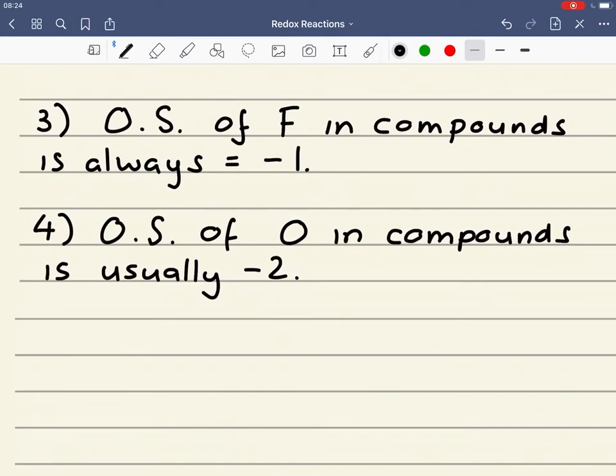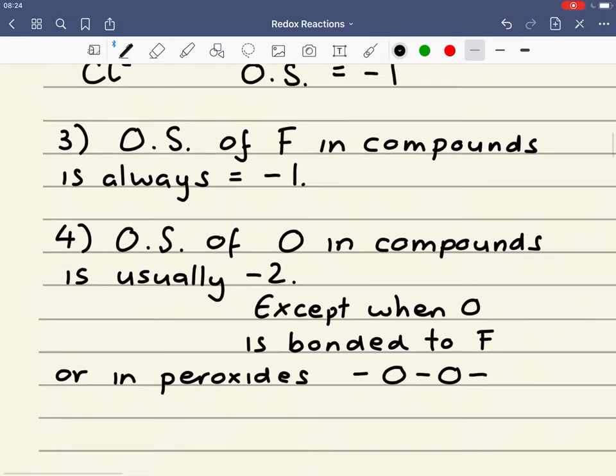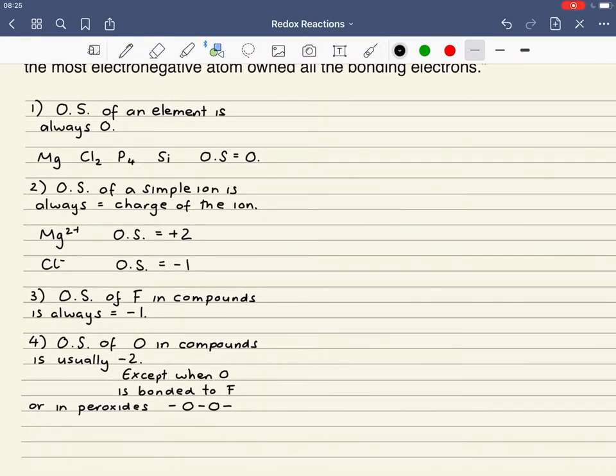There are a couple of exceptions, so that is except when oxygen is bonded to fluorine or in peroxides where we've got this structure here, an O with a single bond O. So they're the first 4 rules when assigning oxidation states or oxidation numbers.